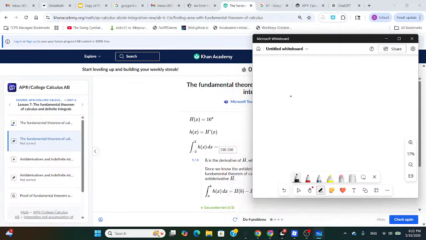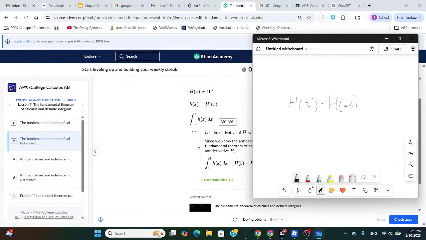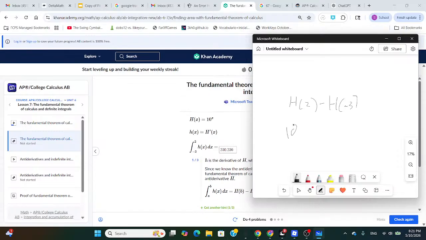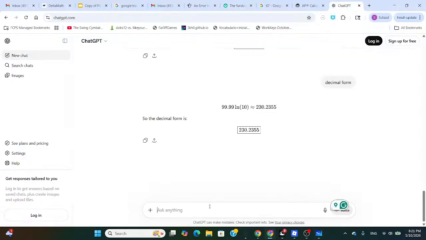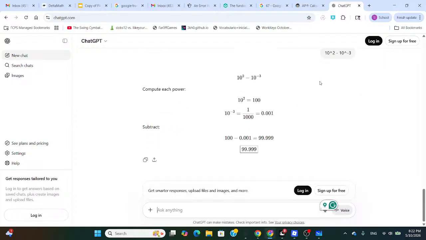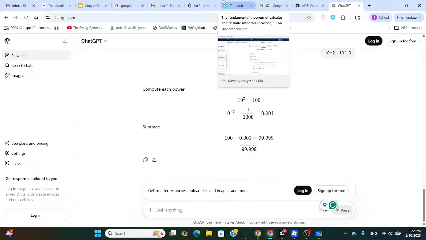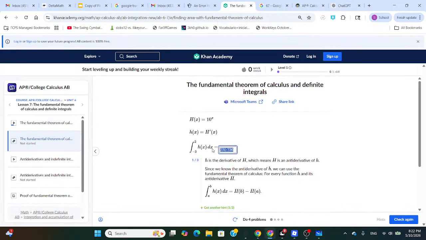H of B is what? Because B is actually in the 2. 10 to the x, so 10 squared is 100 minus 10 to the negative 3. All right, chat. 99.999. So that's just 100.